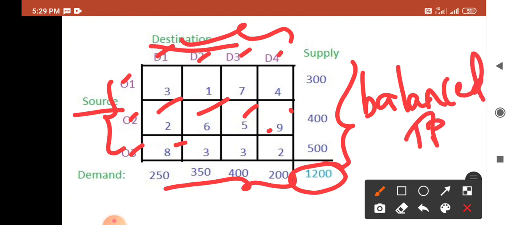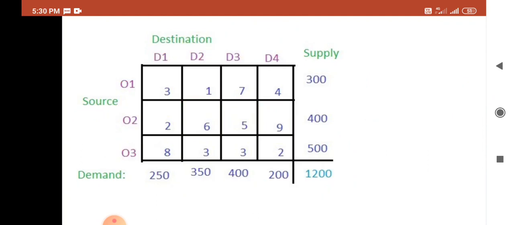Next we have to find the initial basic feasible solution and the transportation cost. Under Vogel's approximation method we have to find out the penalties.